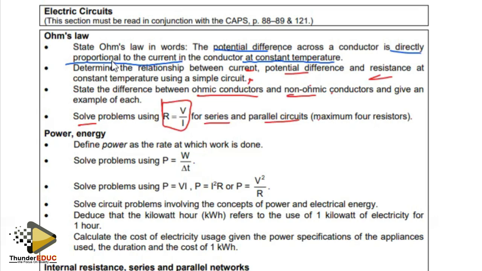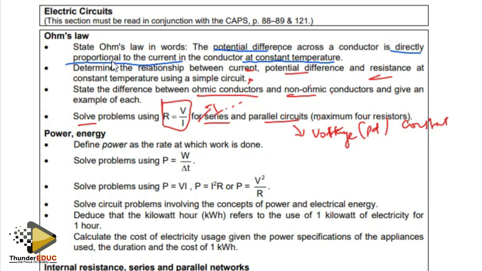We need to know the difference between the two, because many times circuit diagrams are given and we fail to notice what's happening. One thing we need to remember is that for parallel circuits, the voltage, also known as the PD, is always constant across. For series, it's the current that is constant.